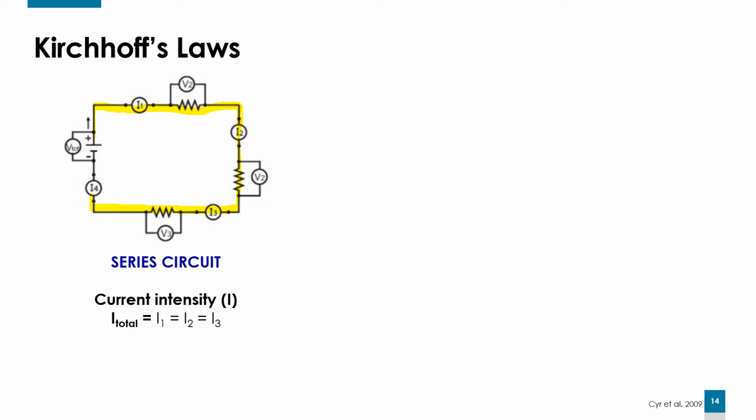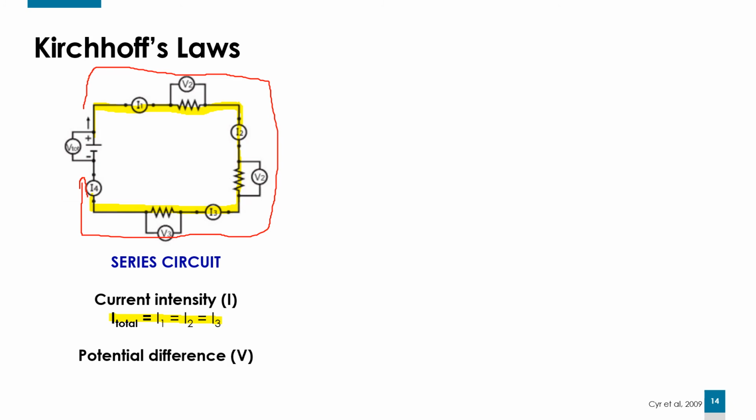So here, for current intensity, I know that for a series circuit the I total is the same in all paths because I have just one path, from positive to negative in conventional current. So it's the same current intensity everywhere.